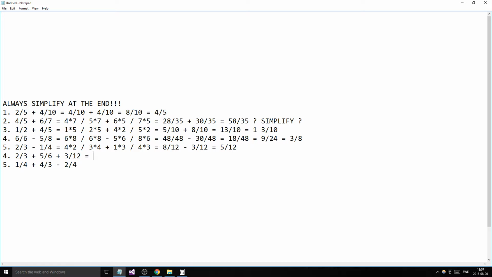Now we got some multi things here. Okay, we got some multi things right here with like 3 fractions, and you can have as many as you want. The same thing applies. You need the same denominator. Okay, that's the common goal here in life. You need the same denominator with everything in life. Okay, so that's what we're gonna do. Now we can see all of these will be 12 somehow. We know these can become 12, right?